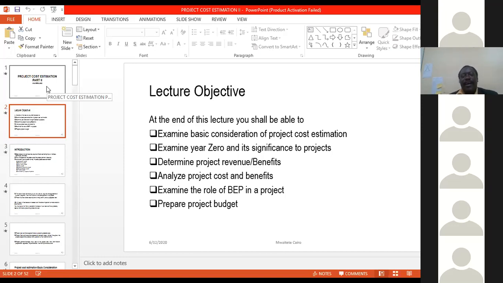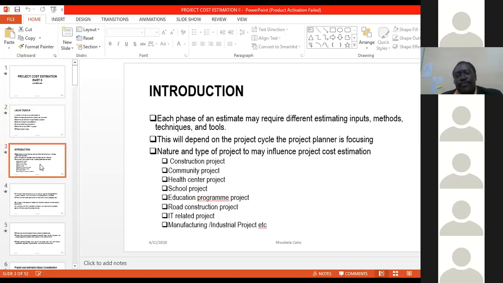In this session, it's about examining the year zero and its significance to projects, determining project revenue or benefits, analyzing project cost and benefits, examining the role of break-even points in a project, and also we need to prepare a budget.